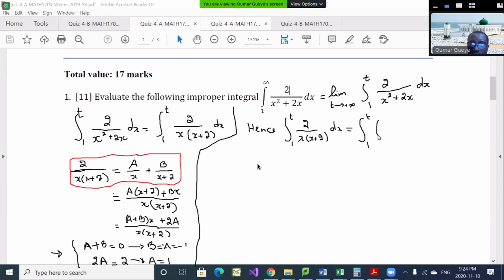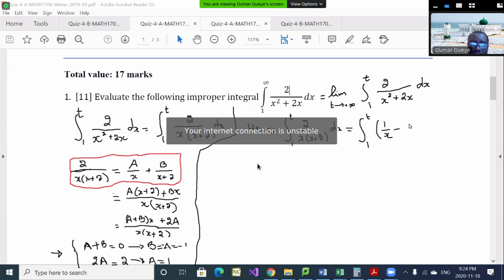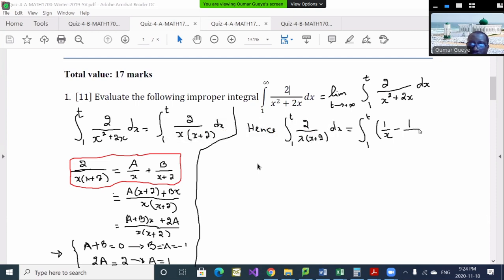Substituting a by 1 gives 1 over x, and b is equal to -1, so I get minus 1 over x plus 2, dx. And now the antiderivative is quite easy.